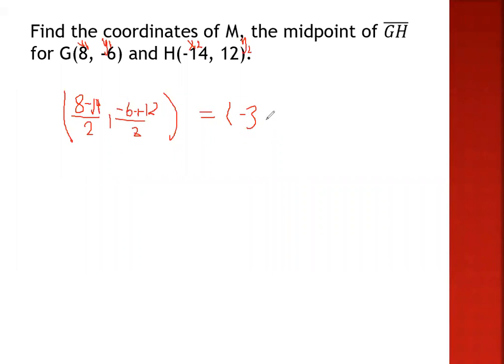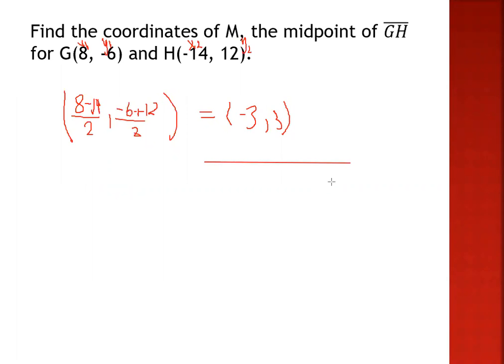And -6 plus 12, it will be 6. 6 divided by 2 equal 3. So the midpoint, it will be -3 and 3.